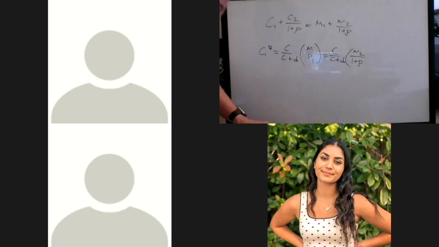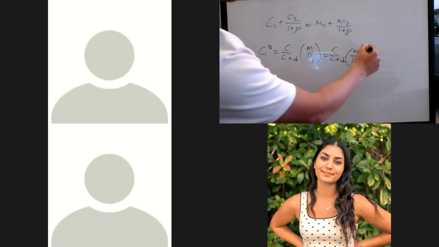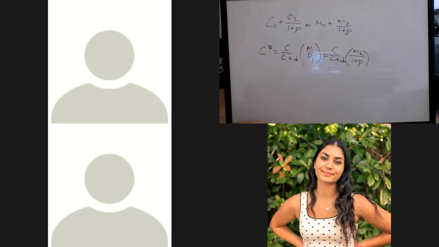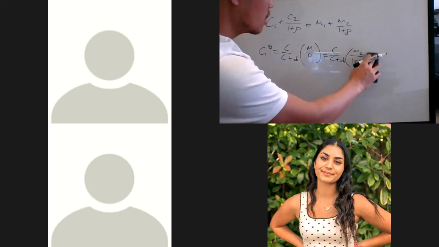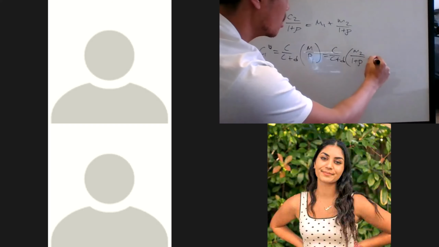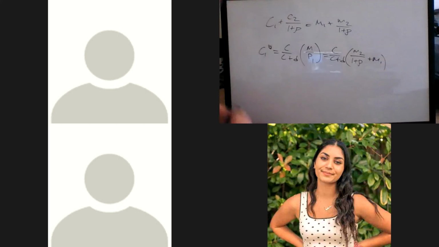He used 1 plus R, but I should probably start using 1 plus rho. Just before you close the parentheses, it's plus M1 on the inside. And the price of consumption in period 1 is just 1, so that would be it.